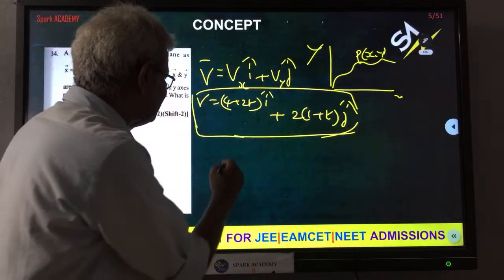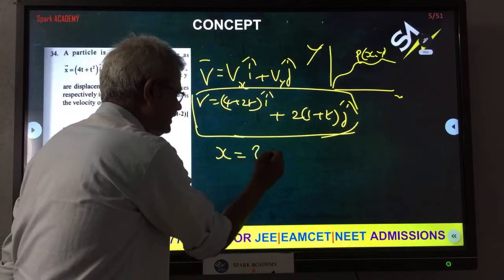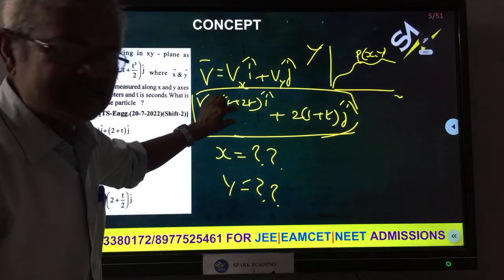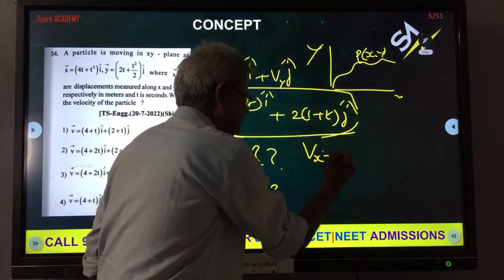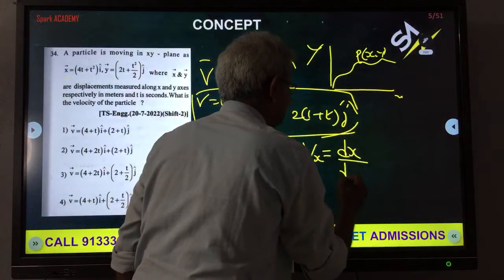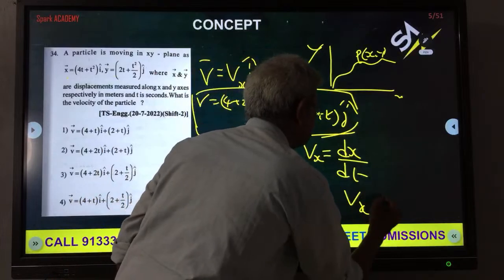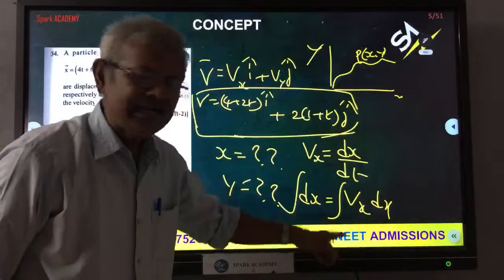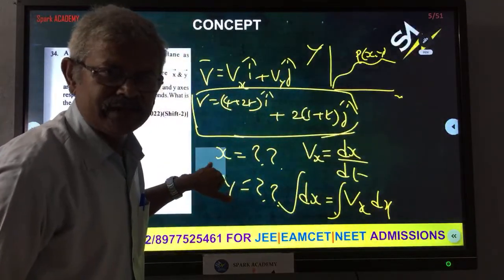Now suppose the velocity is given, and the question is what is the x coordinate and what is the y coordinate. Then what you have to do is take vx separately and write it like this. vx is equal to dx by dt, and dx is equal to vx into dt. So integrating this vx given, you will get the x coordinate.